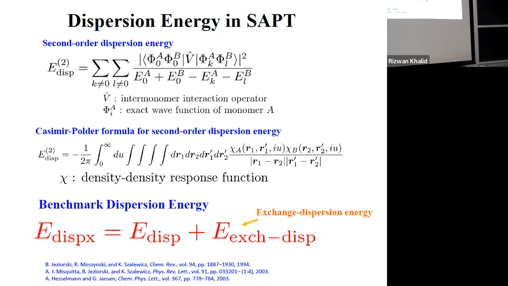Okay, so in perturbation theory, we start with the Hartree-Fock orbitals and then build down corrections. Our guess usually, the starting wave functions are Hartree-Fock wave functions.